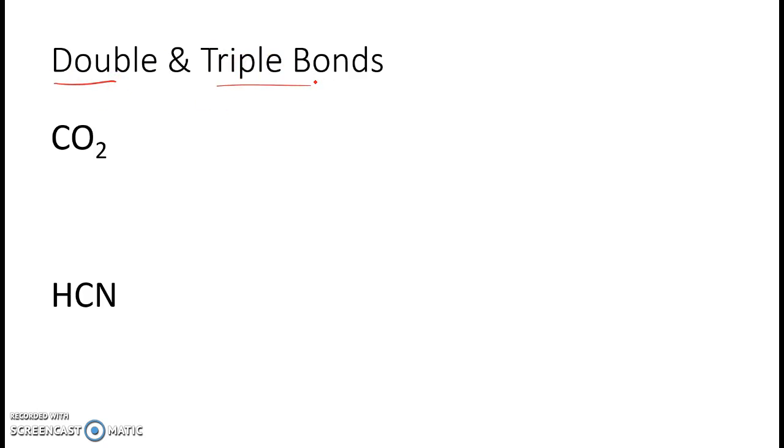A double bond is where we have 4 valence electrons being shared between 2 atoms, and then a triple bond, we will have 6 valence electrons being shared between atoms. Carbon dioxide, this is CO2. Carbon is in the center. Carbon has 4 valence electrons, and then oxygen has 6.